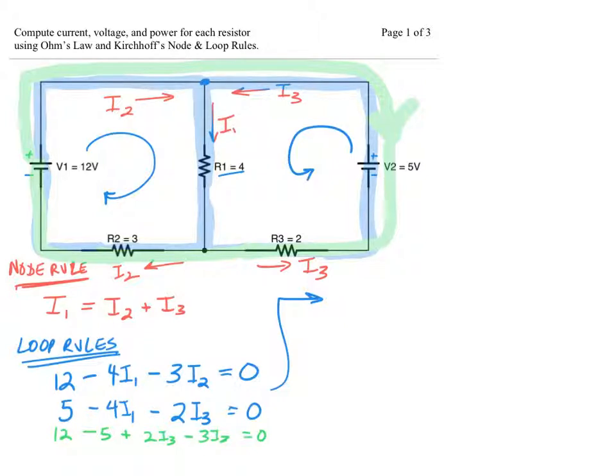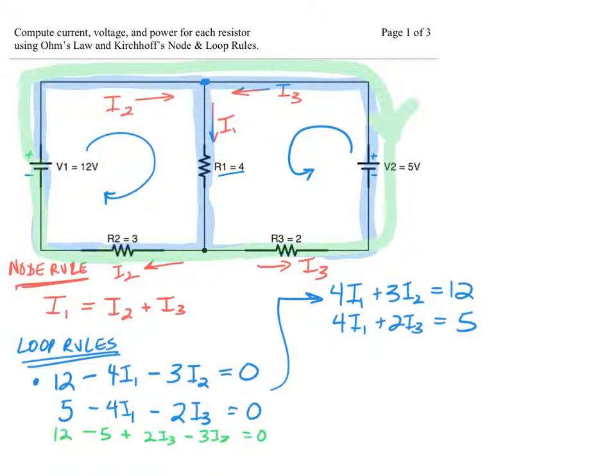Simplify things here. So that first equation, this loop here, if I just change the signs on the variable terms to be positive, then I have the sum of those two things equals 12, and then in the next one, the sum of those two things equals 5. So a 4I1 plus a 3I2 equals 12, and then another 4I1 plus 2I3 equals 5.